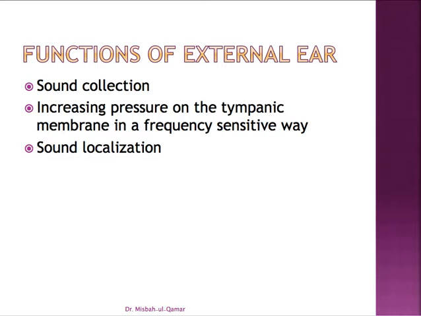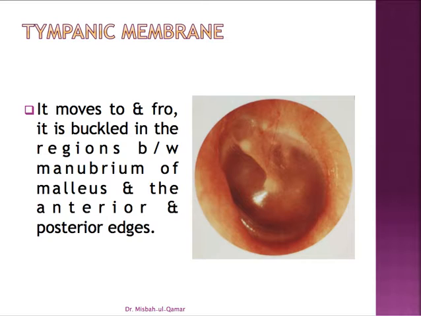The next part is the tympanic membrane, which sometimes is considered a part of the external as well as of the middle ear. You can see the eardrum in the figure as seen through the otoscope.